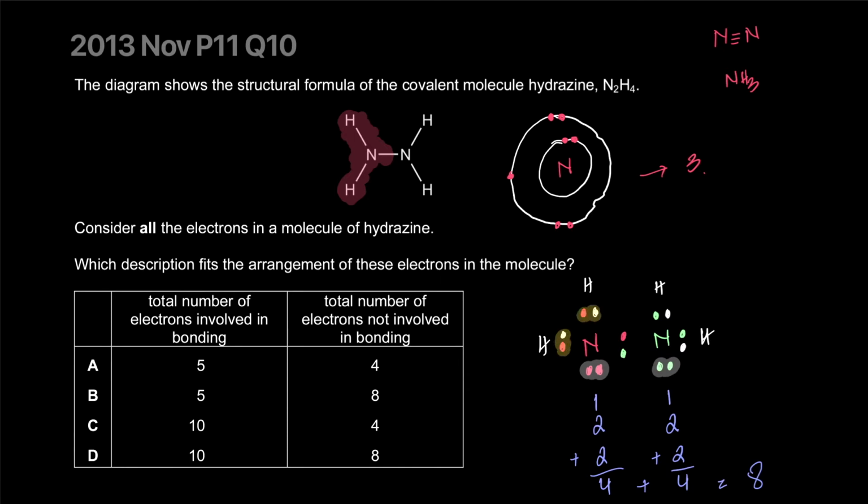That's 2, 4, 6, 8, 10. 10 are bonded. So what's our answer? C, D. D is our answer.